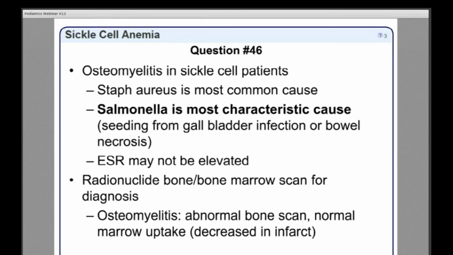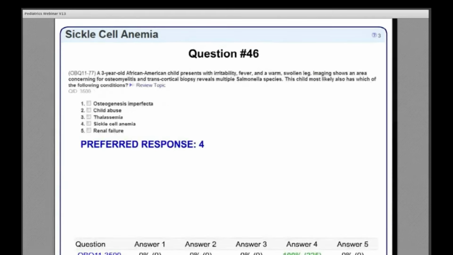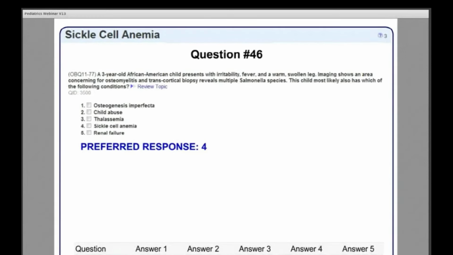Another diagnostic fact is that radionuclide bone and bone marrow scans can be helpful for the diagnosis, as osteomyelitis will show an abnormal bone scan but normal marrow uptake, but this is decreased in infarcts. So, knowing the causes of osteomyelitis in patients with sickle cell disease, you are able to select number 4, sickle cell anemia.